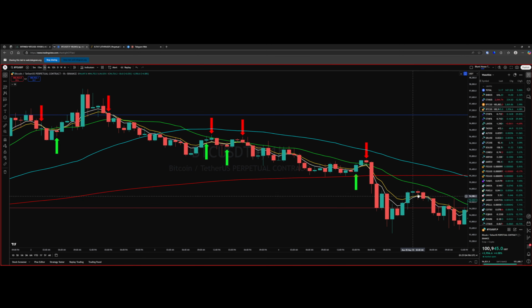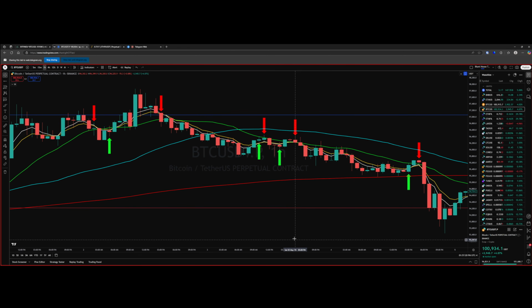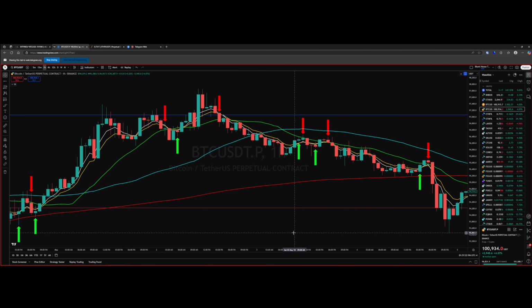Maybe that's you buying up here, thinking that price only goes up. Maybe price does go up. But if you don't understand how to read price on a chart, you're never going to know.